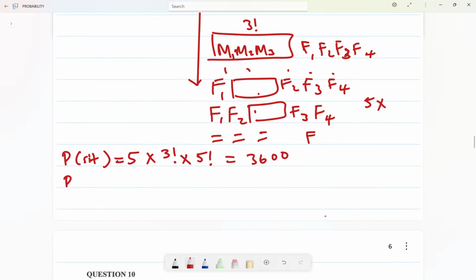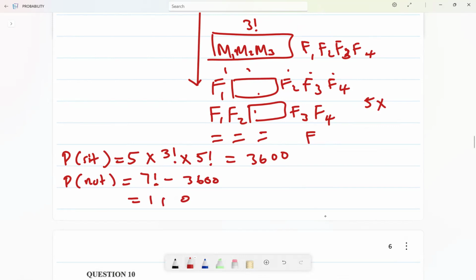And then the probability that they're not together is going to be the total, which is 7 factorial minus 3,600, which now gives me 14... 14 what? 1400 or 1440. Let me see.